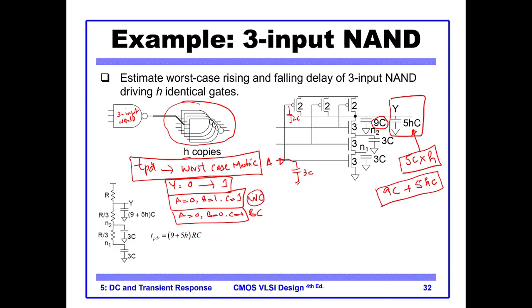From the worst case we calculate the propagation delay, and this is our circuit for the worst case. So for example, one of the PMOS is on.